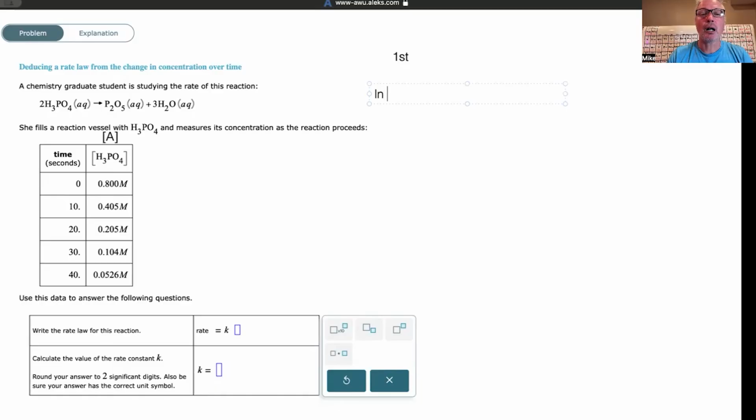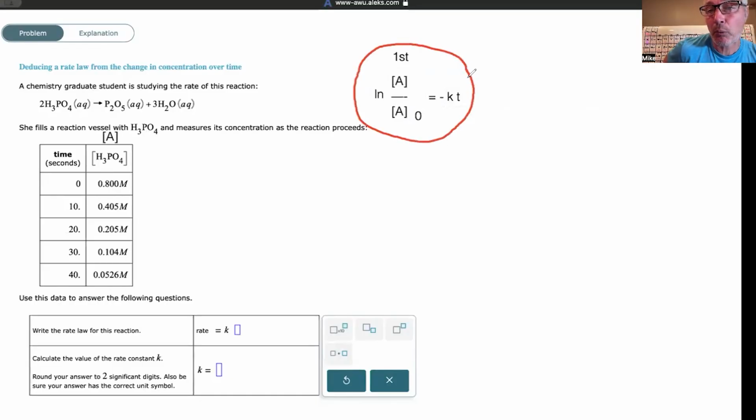It is natural log of the concentration of the reactant divided by the initial concentration of the reactant, which we will put as A subscript 0, equals minus k times time. Let's keep that on the back burner. That is the equation which governs these points if it's first order.